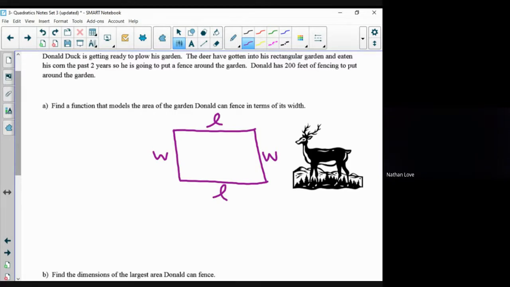Once you have that, the perimeter is 2W plus 2L. And what's the perimeter of this particular rectangle? 200. Correct.